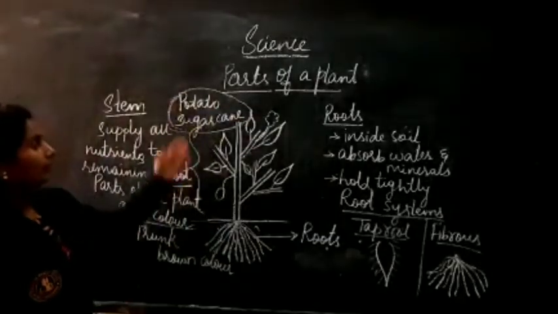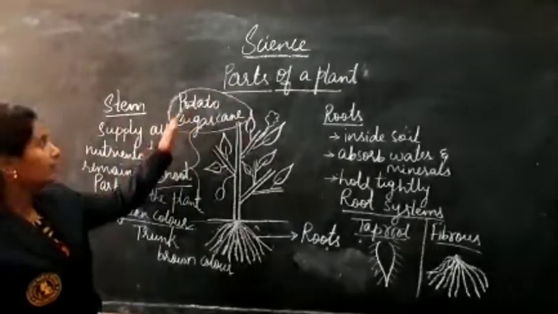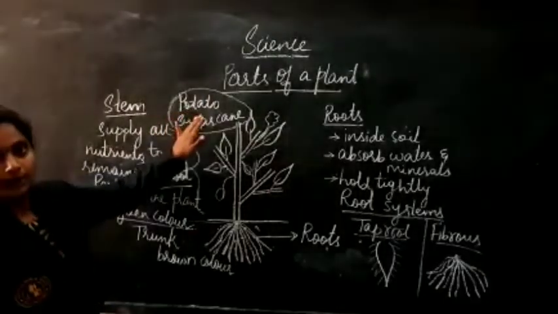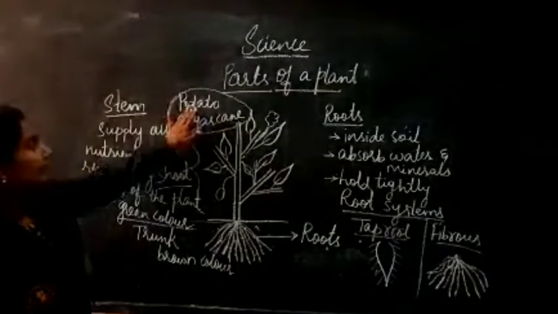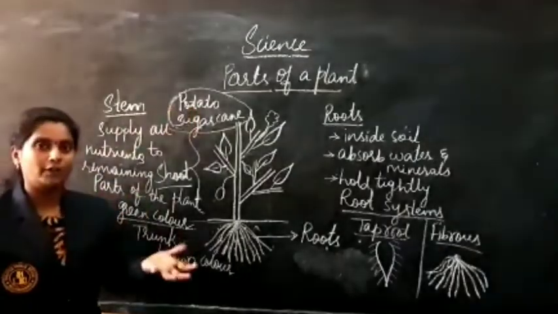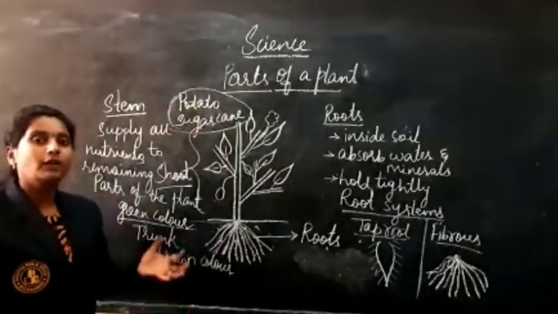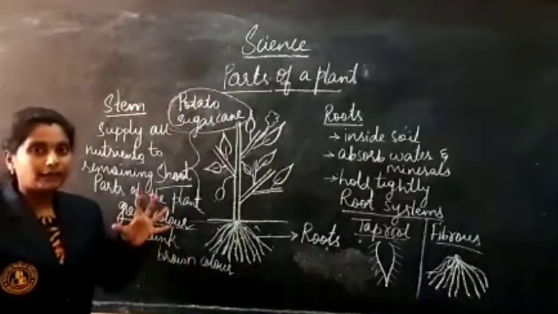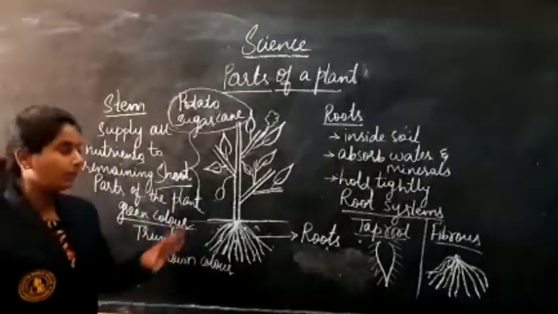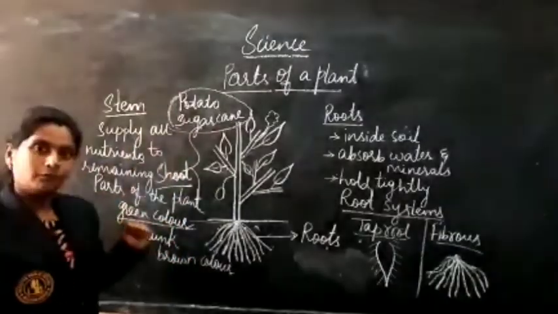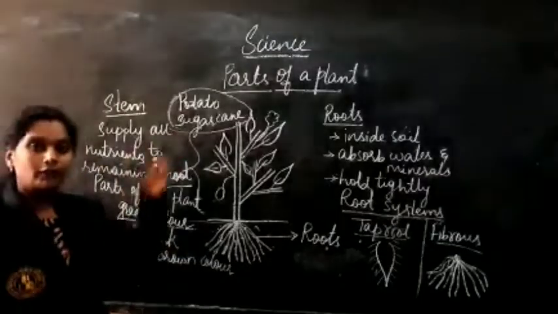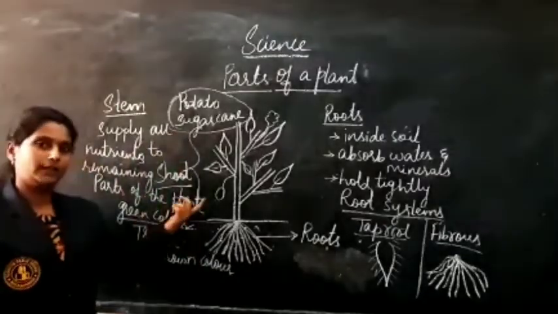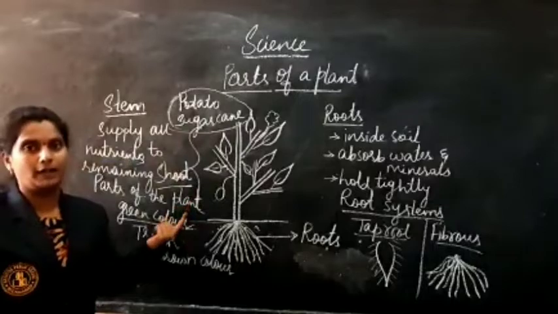So why are we eating this? That potato came from the stem, like a modified stem. They are storing the food by modifying the stem as a vegetable and giving that as food. So sugarcane, whatever sugarcane is present, we are eating the stem of the sugarcane plant only.